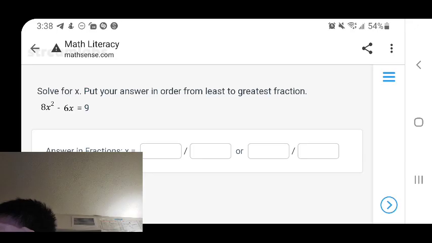That doesn't work, because it's not equal to 0. So you gotta do ax squared minus 6x minus 9 equals 0.